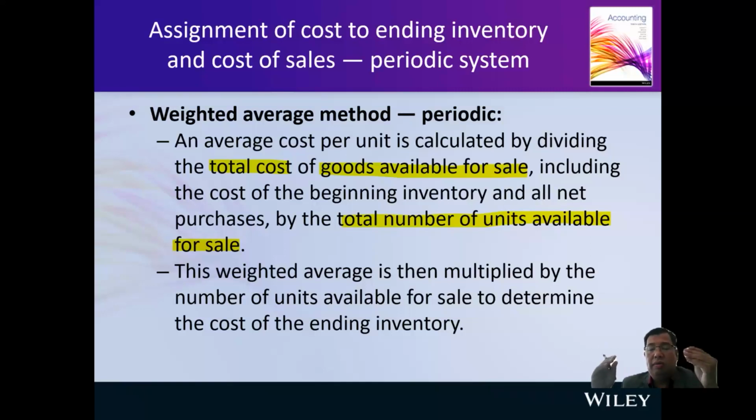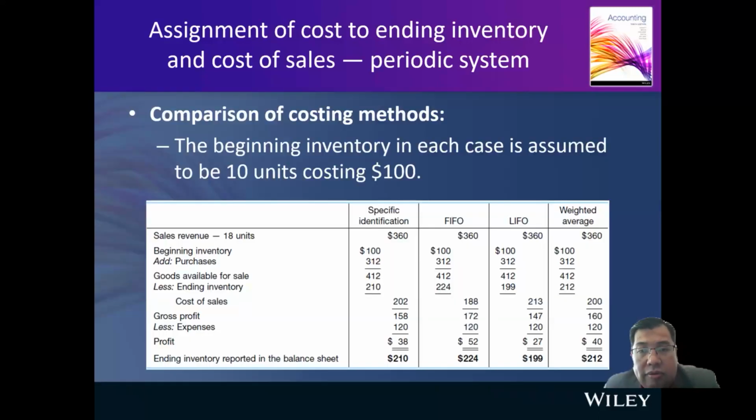So we get the weighted average cost. This cost will be used to determine your cost of inventory, cost of sale, and gross profit later on.